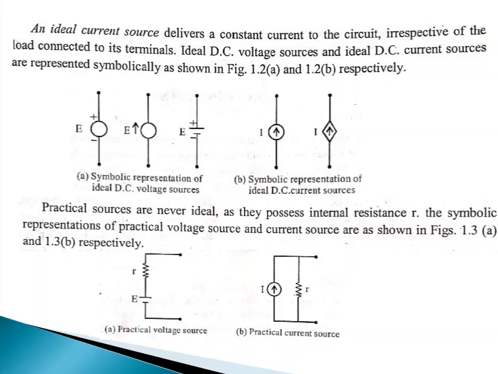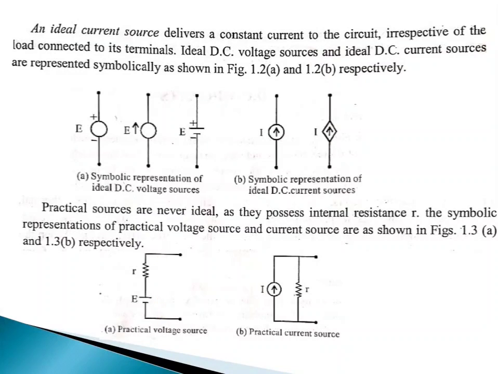An ideal current source delivers a constant current to the circuit irrespective of the load connected to its terminals. The ideal voltage source and current source are as represented here. Practical sources are never ideal, but possess some internal resistance, as represented here.